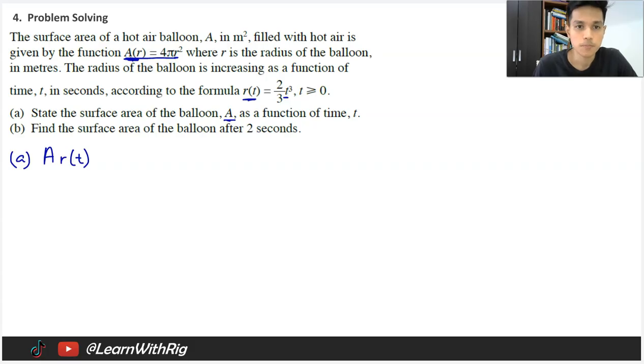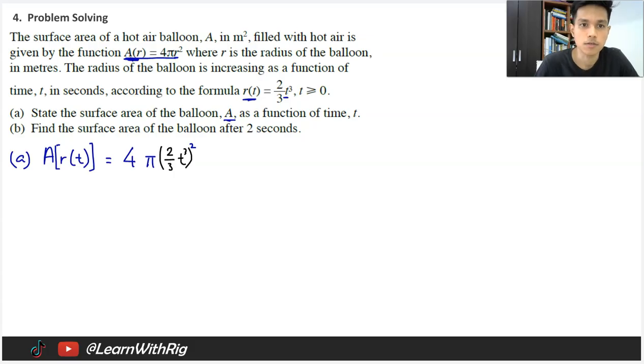So in other words, you're substituting r(t) into A. You know that the area is 4 pi r squared. But you can't use r because you want it in terms of t. So you substitute r(t), which is 2 over 3 t cubed.